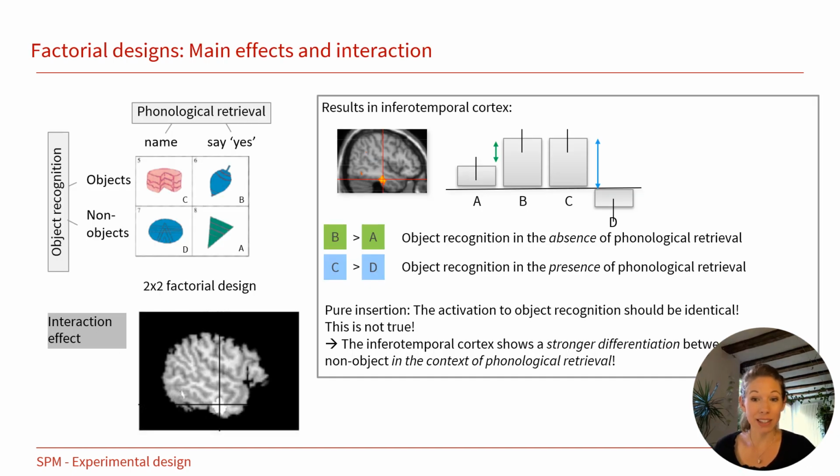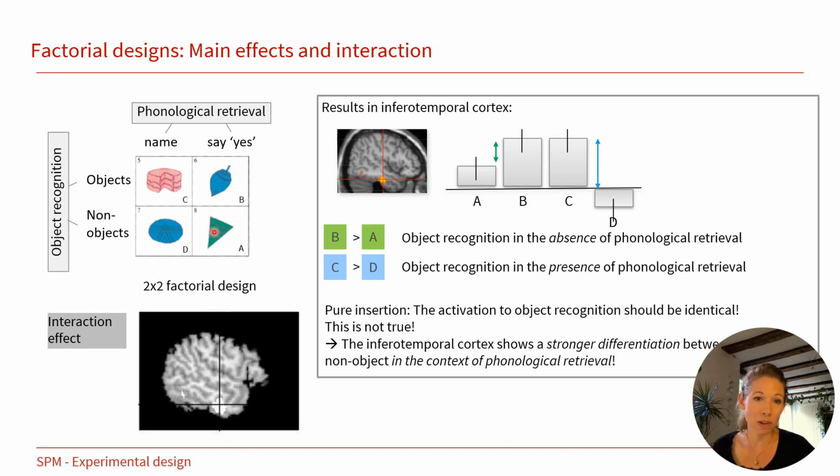So now let's look at the interaction effect. You can see here that the difference in activation within this inferior temporal cortex is sensitive to object recognition, dependent on the absence or the presence of phonological retrieval.